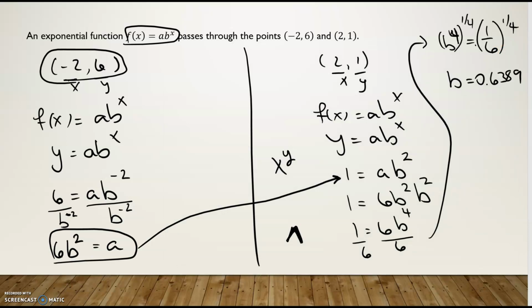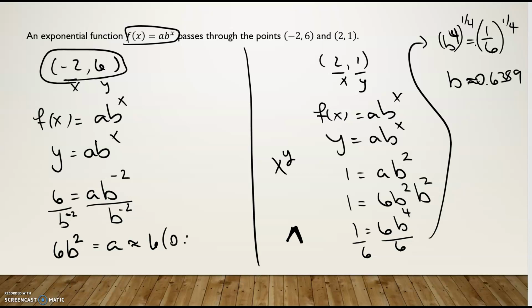Okay, and so that's approximate. Then I'm going to come back over here to A and plug in what I know for B and solve for this one. 0.6389 squared.